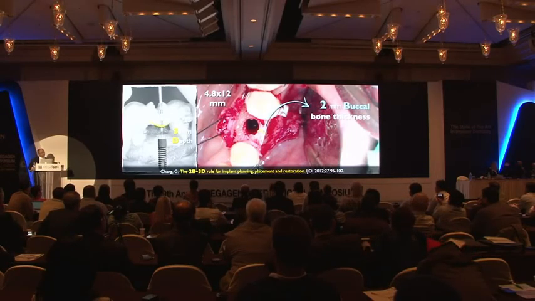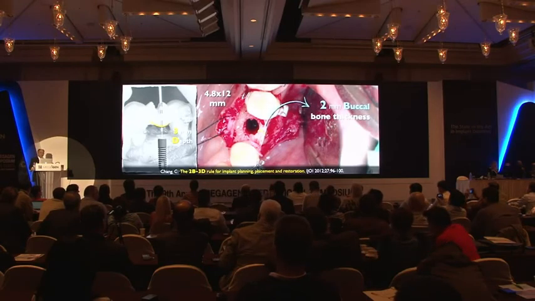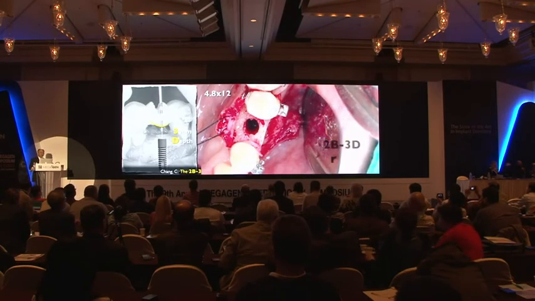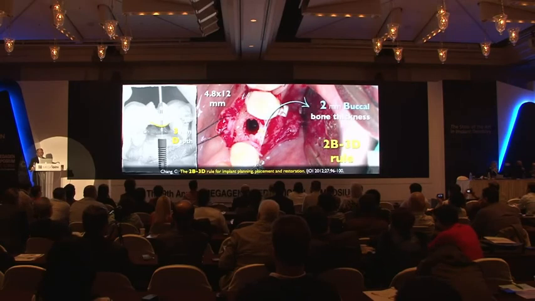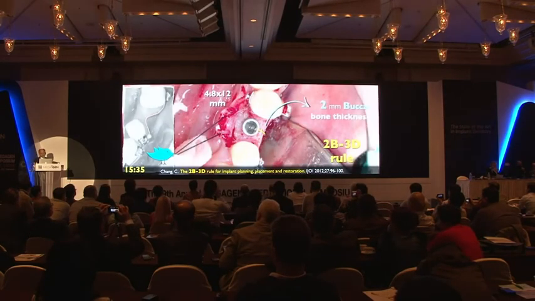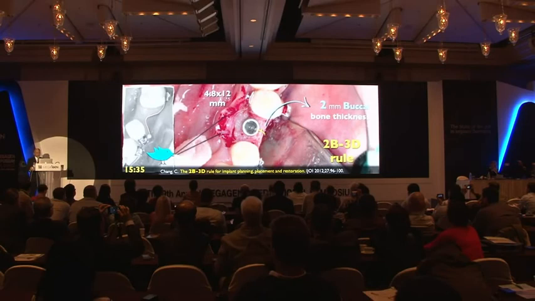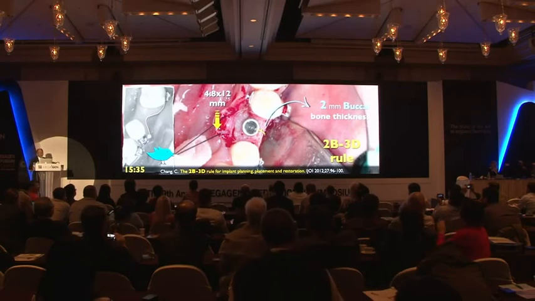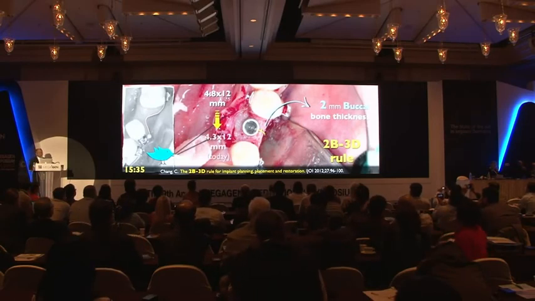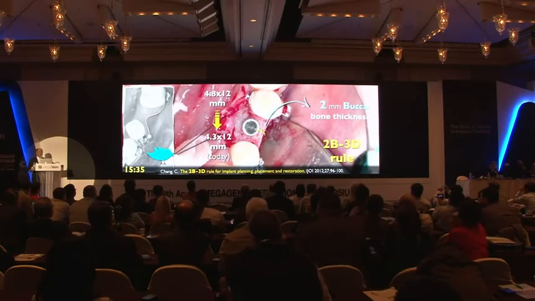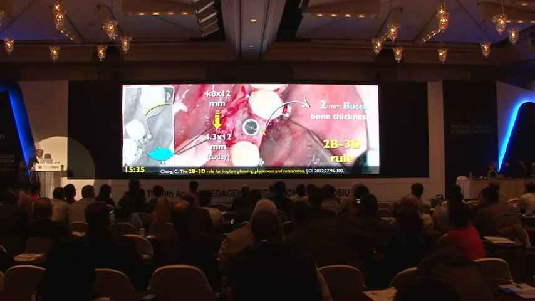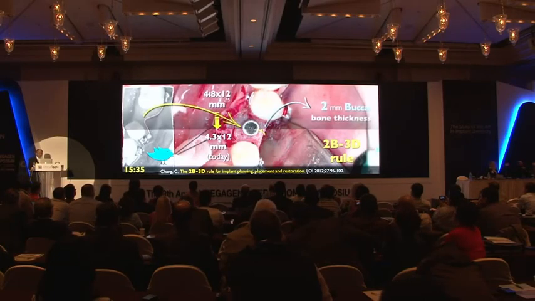With the surgical stent, we know that 3 millimeter depth might be the way to go. So this is the 2B 3D rule for this case. In this case, I probably should have just used 4.3, which should be enough, but I just wanted to show you how much we increased the bone level from here to here.